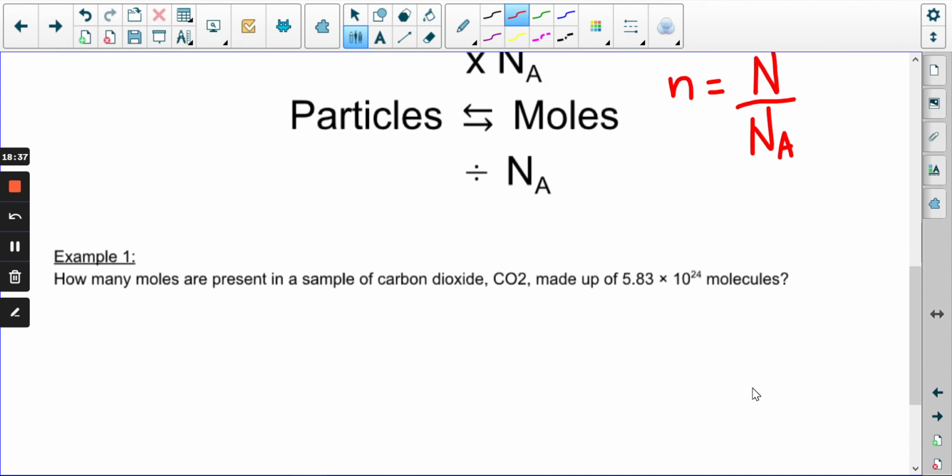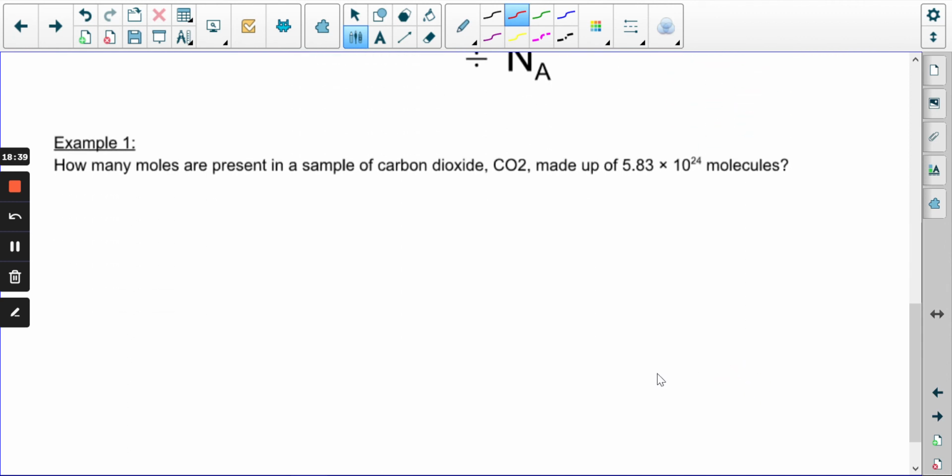So a question might say, how many moles are present in a sample of carbon dioxide, CO2, made up of 5.83 times 10 to the power of 24 molecules? What I like to do with these questions is highlight for myself what things are given and what things are not given. The first thing I see is that I have a number of molecules, and as we said above, capital N is the number of entities. In this case, we're talking about the number of molecules, so I'm going to write that number down first.